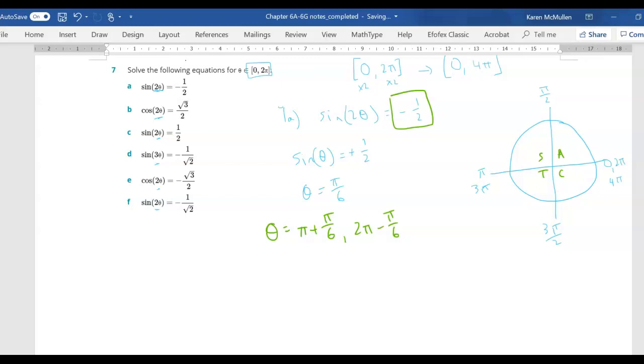So then we've got 3 pi plus pi on 6, and then lastly 4 pi minus pi on 6. Let's just tidy it up. So we're going to have 7 pi on 6, 11 pi on 6, what's that, 19 pi on 6, and then 23 pi on 6.